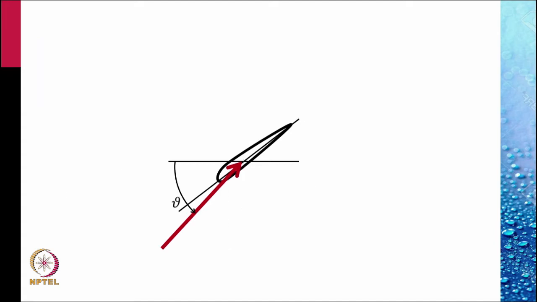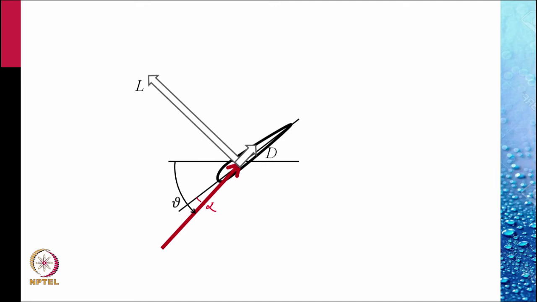Let us consider the forces that result. The air is coming to the aerofoil at a small angle alpha. Because of this, a lift results which is perpendicular to the direction of flow, and a drag force results which is in the direction of the relative wind.